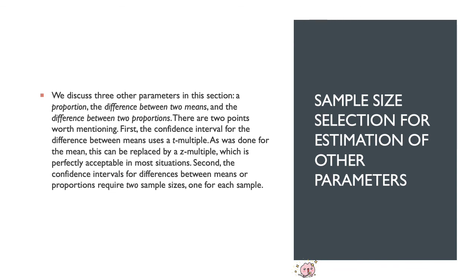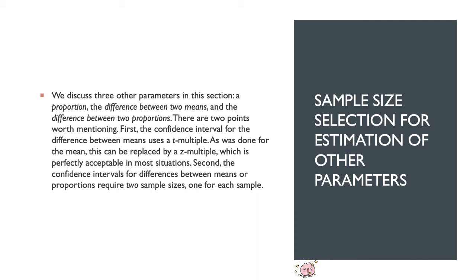Sample size selection for estimation of other parameters. We discuss three other parameters in this section: a proportion, the difference between two means, and the difference between two proportions. There are two points worth mentioning. First, the confidence interval for the difference between means uses a t multiple.